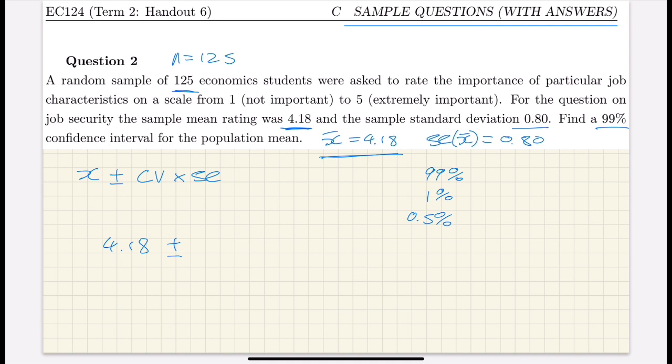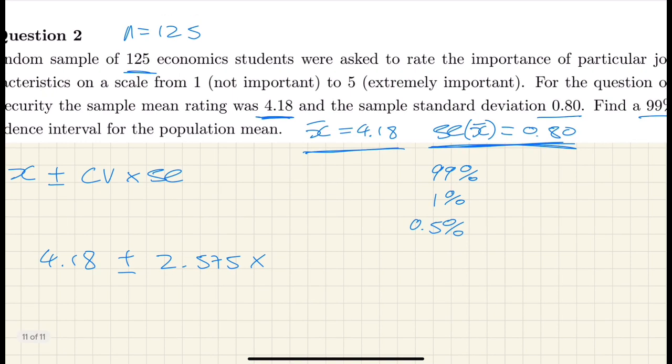And if you now go to your statistical tables, you can find that the probability of x being greater than a, of the 0.5%, is 2.575, and then you multiply this by your standard error, which in this case is not straight this one, because we're also given a number of observations, and we have to do 0.8 over square root of 125.